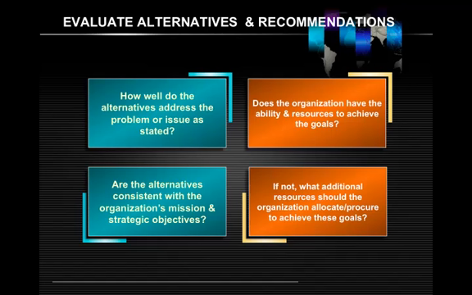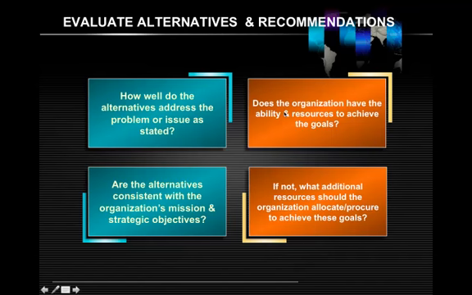Now, the second thing is, are the alternatives consistent with the organization's mission and strategic objectives? Your alternatives or solutions cannot be random. They have to fall within the strategic direction, objective, and mission of the organization. Is that really what the organization wants to do? If that is not the case, then your recommendations really don't mean anything.